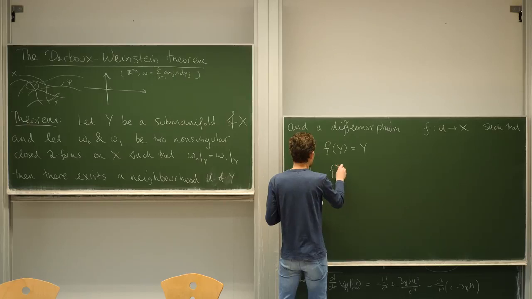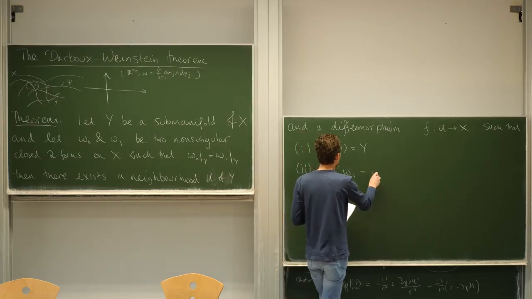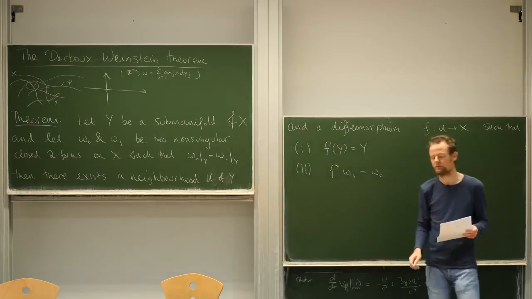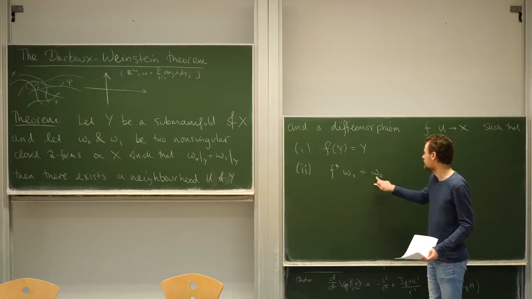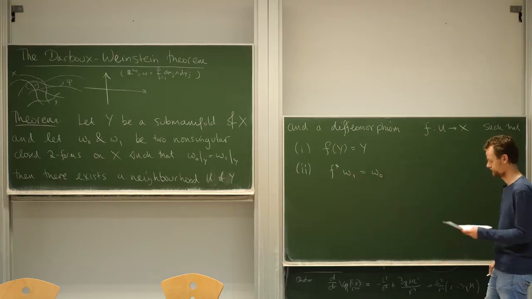And if you pull back the two form omega 1, you get the two form omega naught.